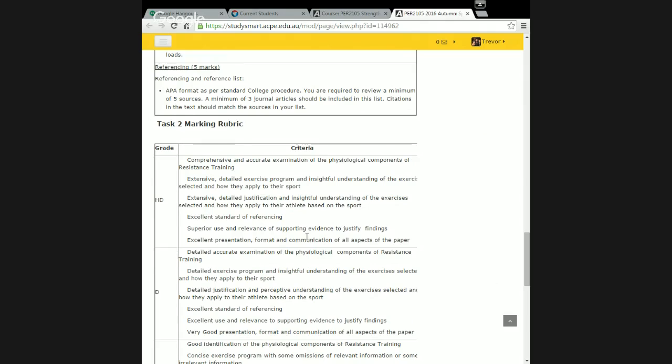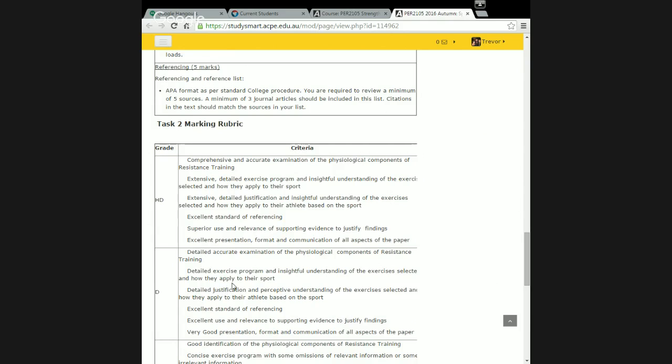As opposed to excellent uses, you may have some articles supporting the development of power in athletes, male athletes, and you use that, but you've got a female athlete. Well, okay, perhaps the physiology is the same, there's similar constants involved.